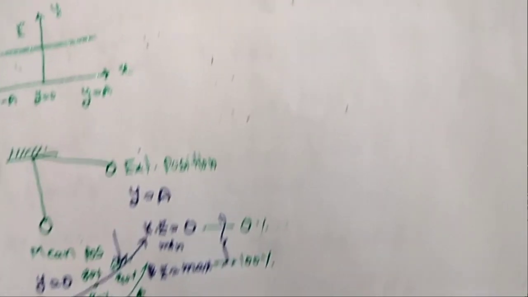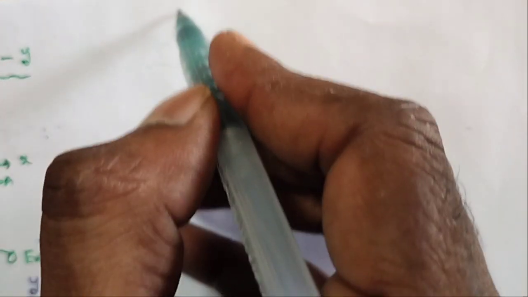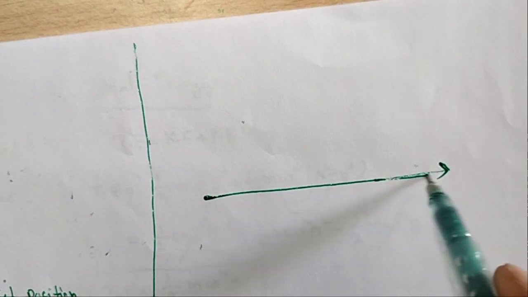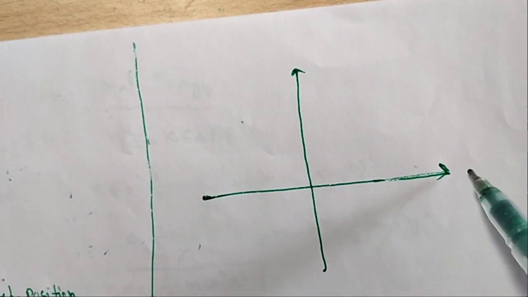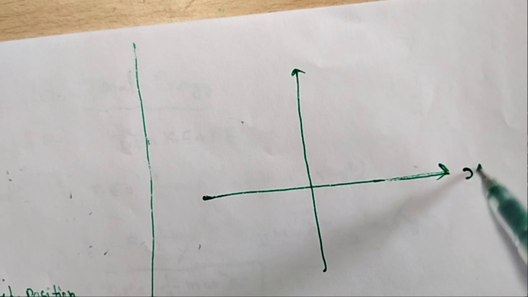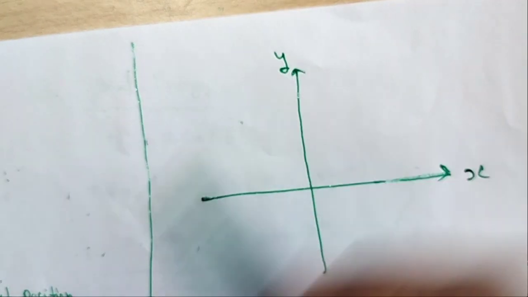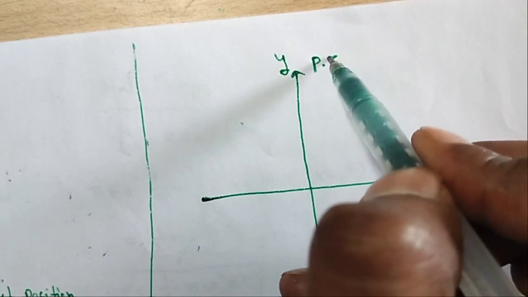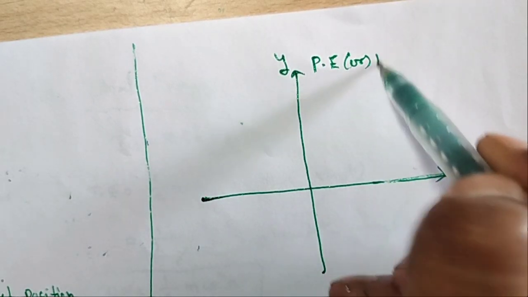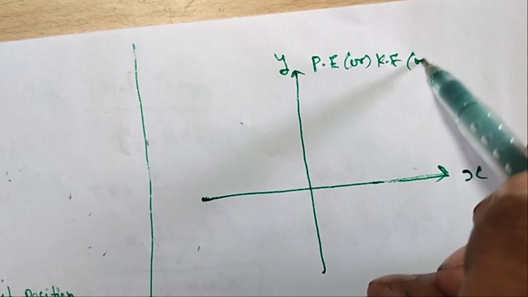Now I am taking the graphs of the kinetic energy and potential energy, all the variations of kinetic and potential energy. This is the displacement axis, the x-axis, and this is the y-axis for energy. On the y-axis I take potential energy, kinetic energy, or total energy.